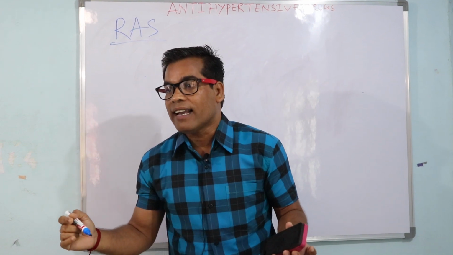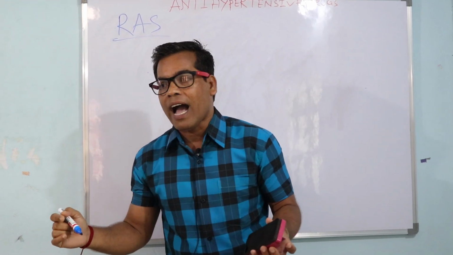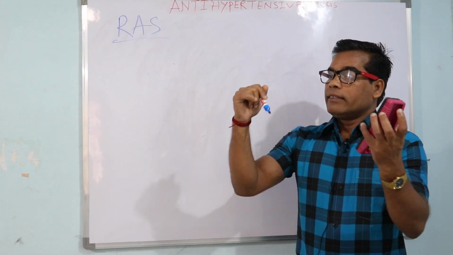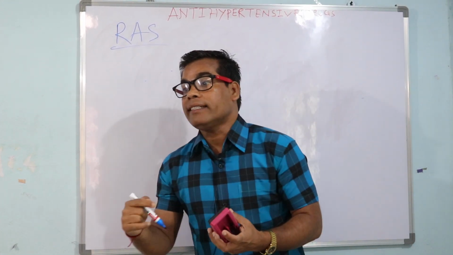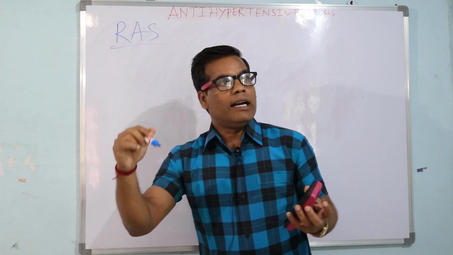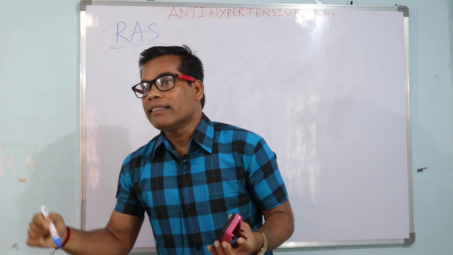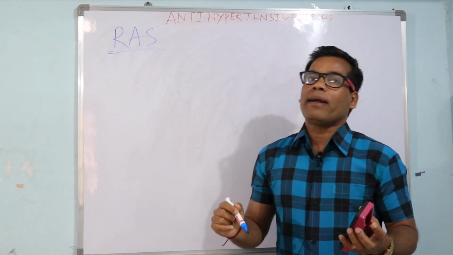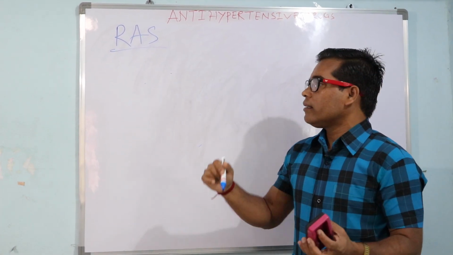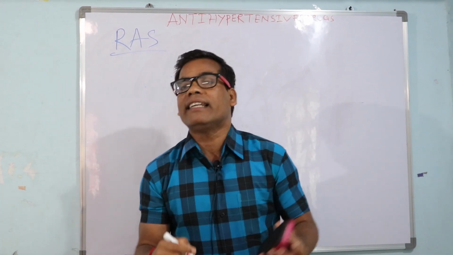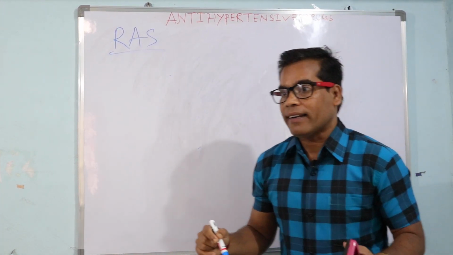And if there are factors which influence the rise of BP, that is known as secondary hypertension. That means when the BP rises with a known cause, it is known as secondary hypertension.